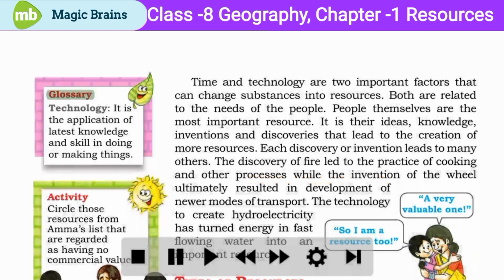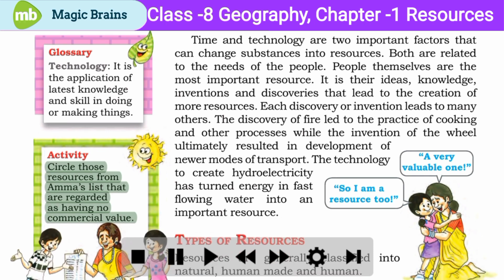There are two boxes on the left side of page number 2. Pink one reads Glossary. Technology. It is the application of latest knowledge and skill in doing or making things. Green one reads Activity. Circle those resources from the list that are regarded as having no commercial value.